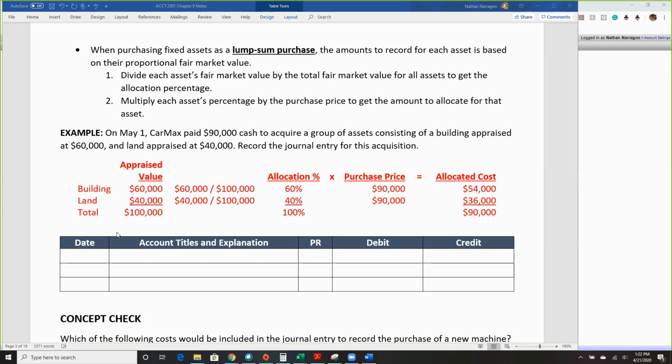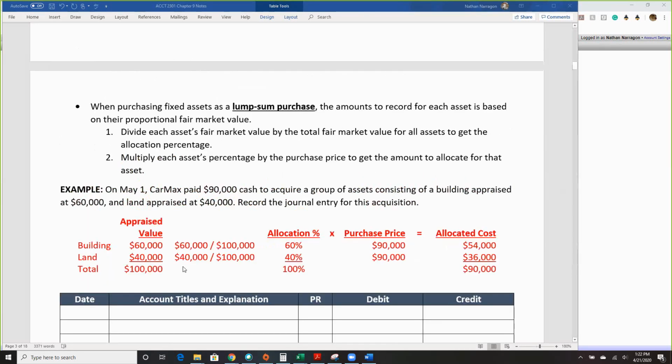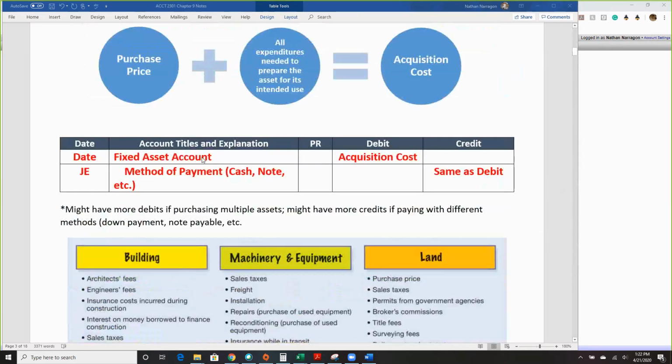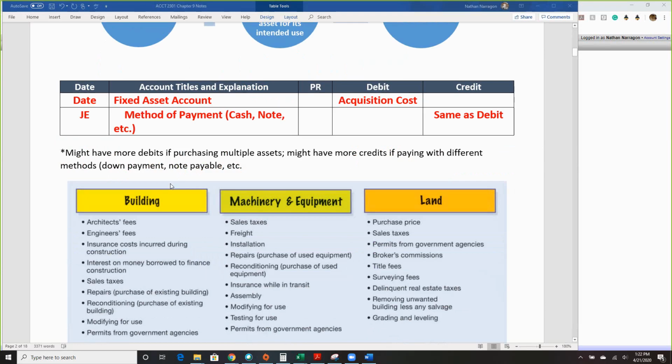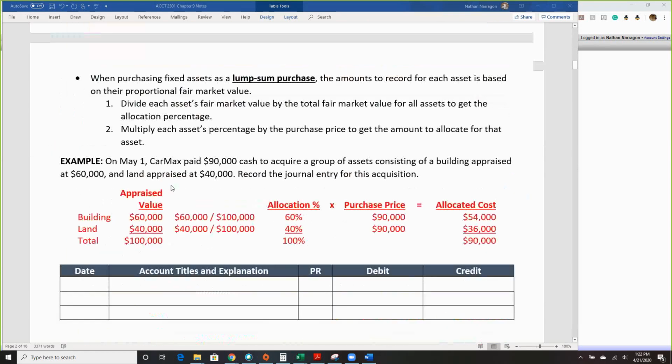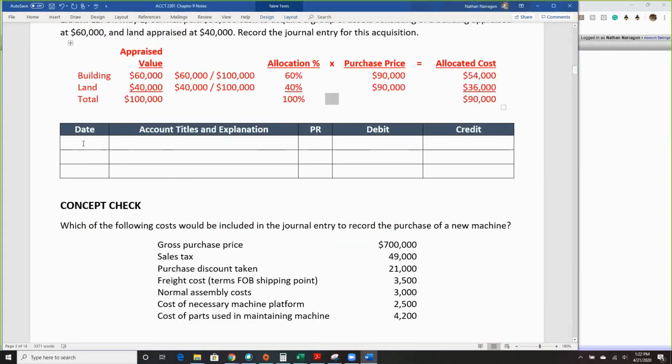So now we create the journal entry. Now, remember, up here, we're going to debit the fixed asset accounts, and we're going to credit the method of payment. So for us, the building is $54,000.